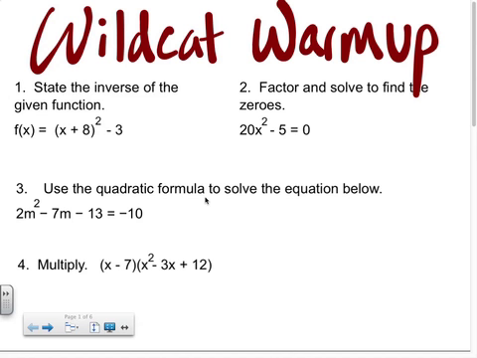Number one, state the inverse of the given function. Okay, get me started, Latrell.